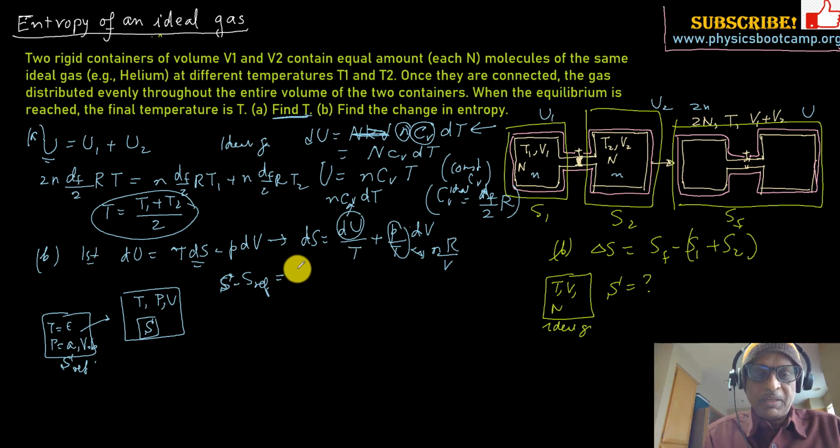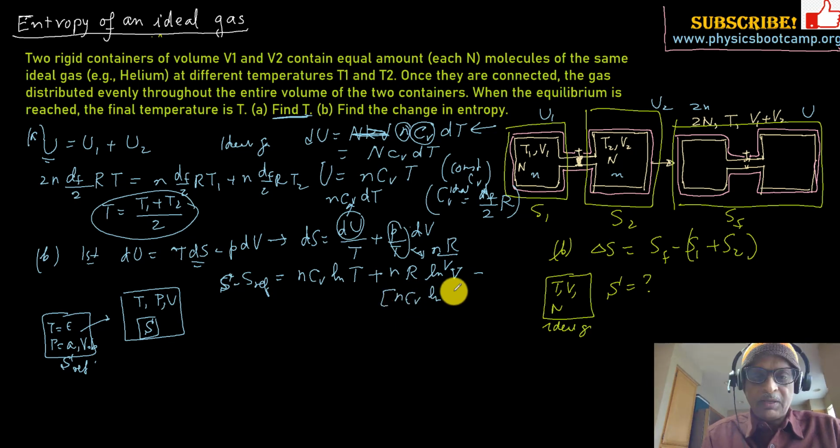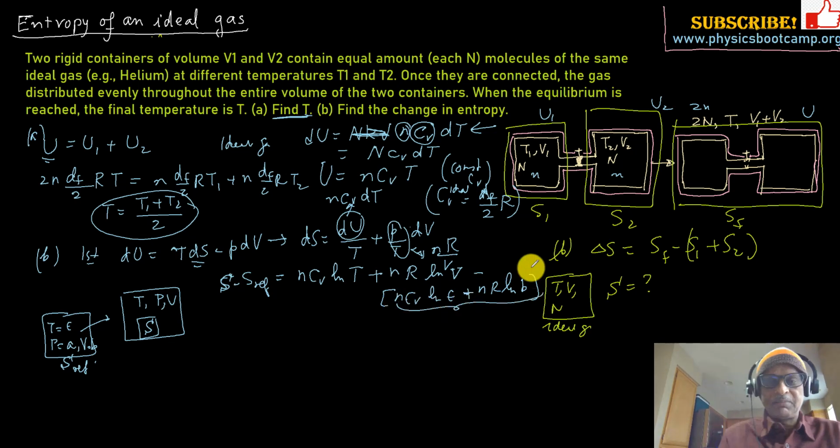So S minus reference will be N Cv log T plus N R log V, minus N Cv log epsilon plus N R log B. This is just a constant reference, and I'm going to ignore it from now on.